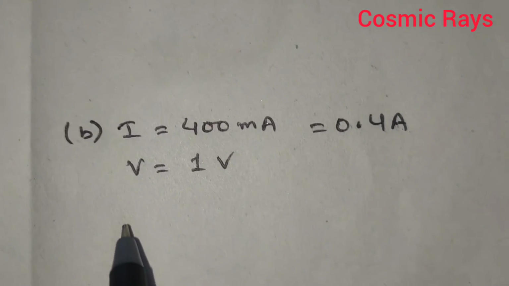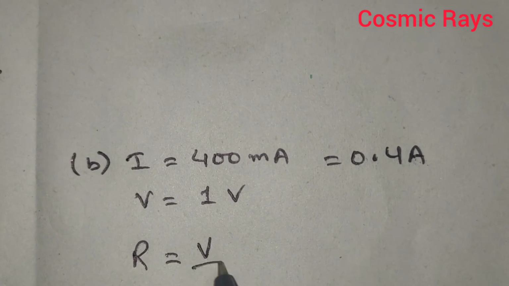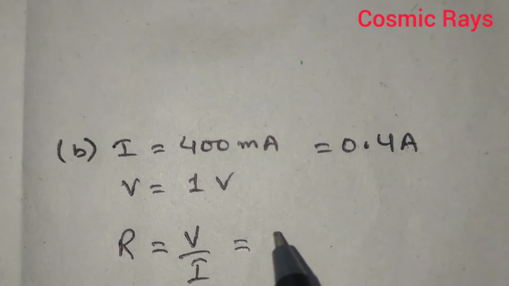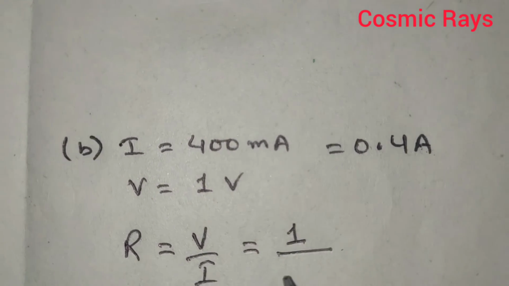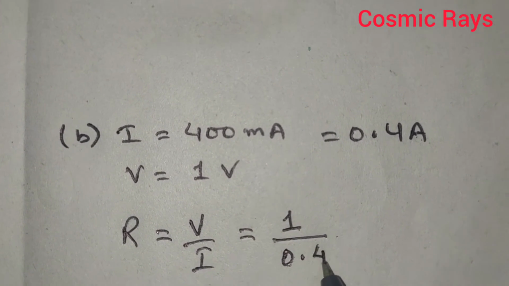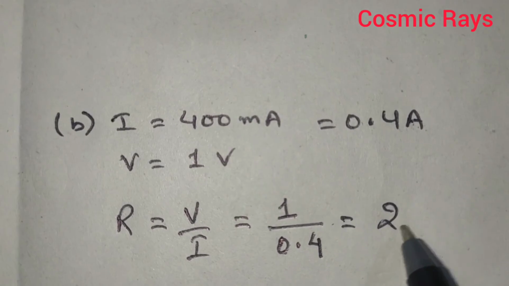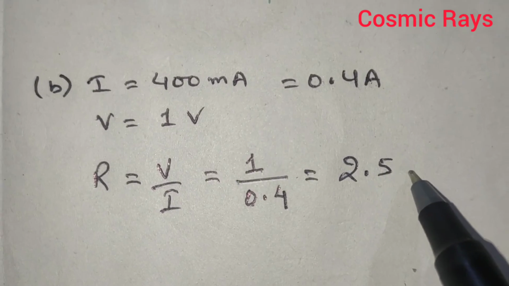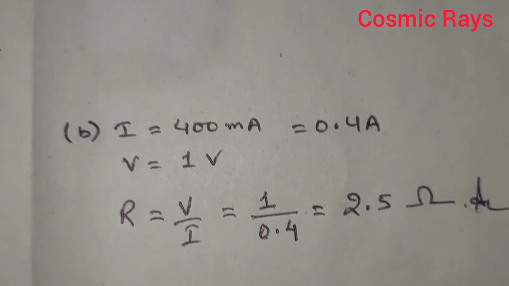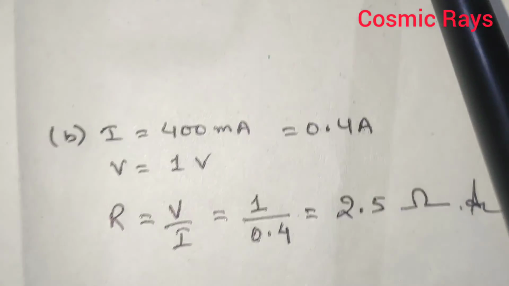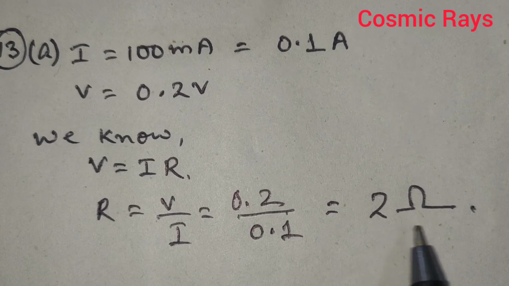So in this case, the resistance R will again be V by I. Put the value of V, that is 1 volt, divided by the value of current, that is 0.4. After division, it comes to 0.25 ohms.